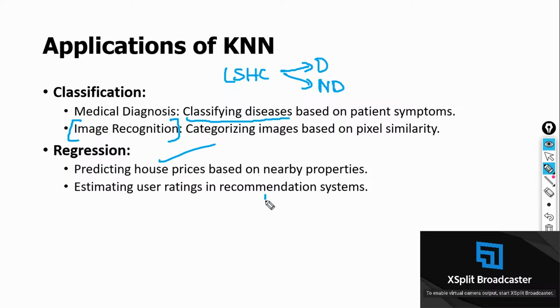Widely used recommendation engines are YouTube, Netflix, and Amazon Prime. All of these are recommendation systems, so we can also predict the user rating for a particular show or movie telecast in a recommendation system. These are some of the applications of KNN.